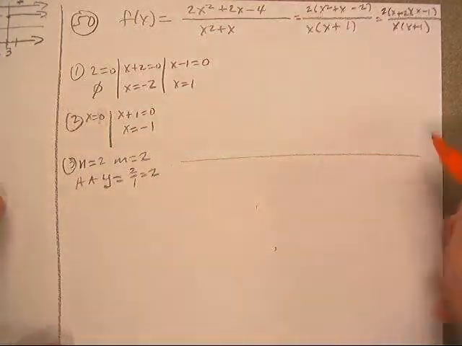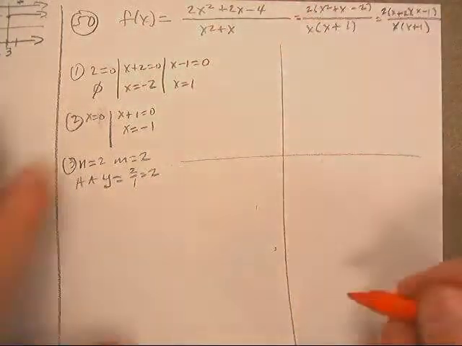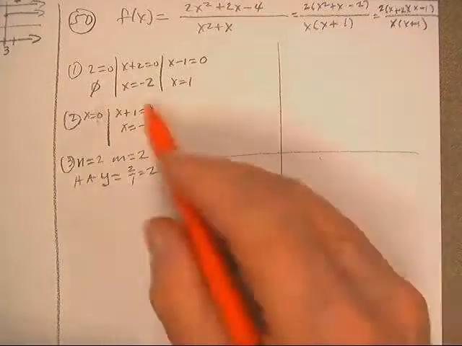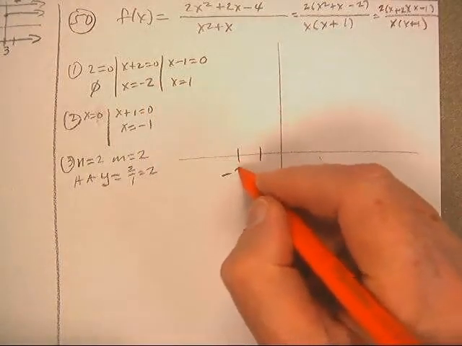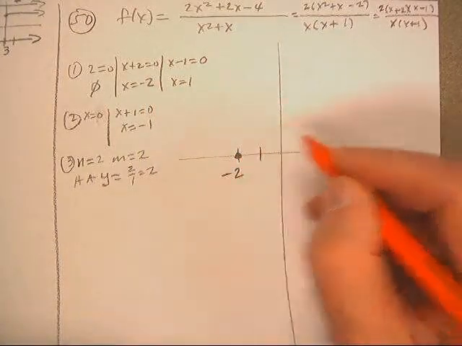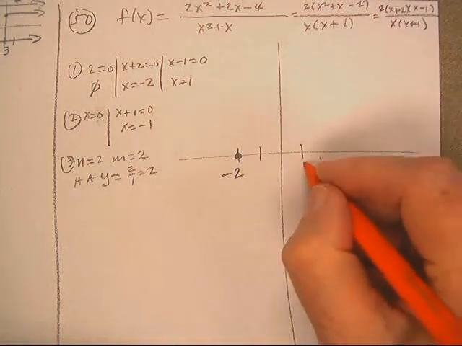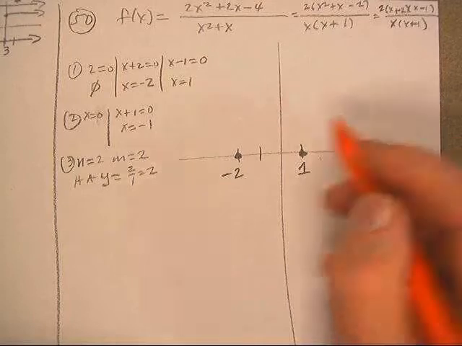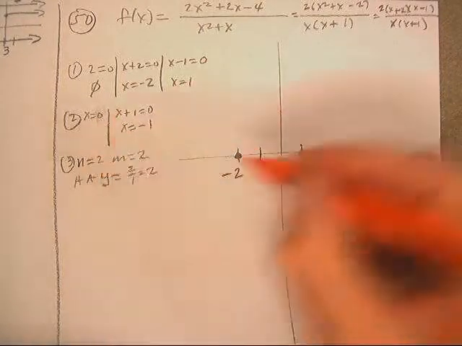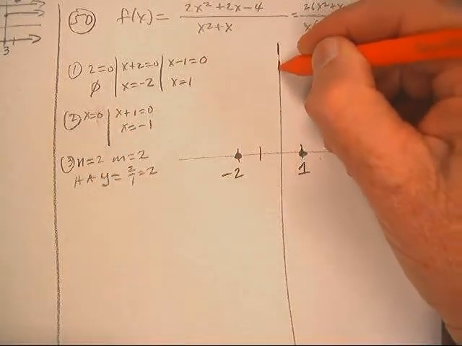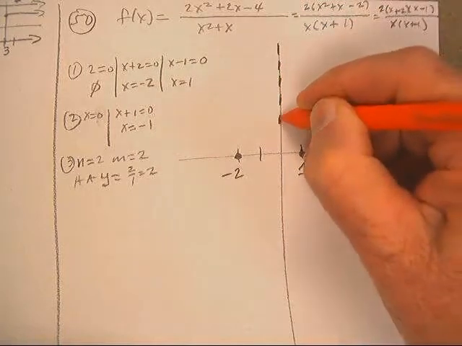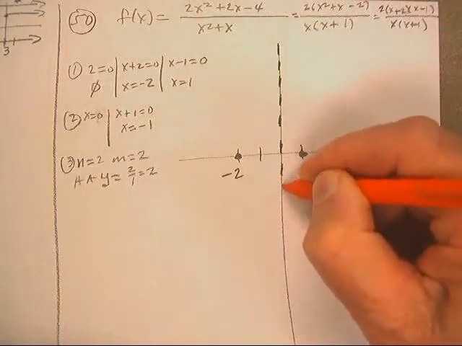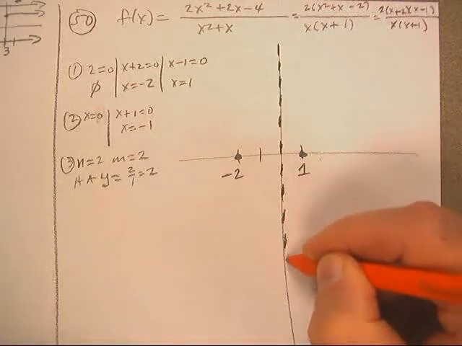Okay, so let's put the graph out here. So I got negative 2 is a 0. I got to cross that point somehow. X is 1. That's also a 0. X is 0 is a vertical asymptote. So that one's on the y-axis.